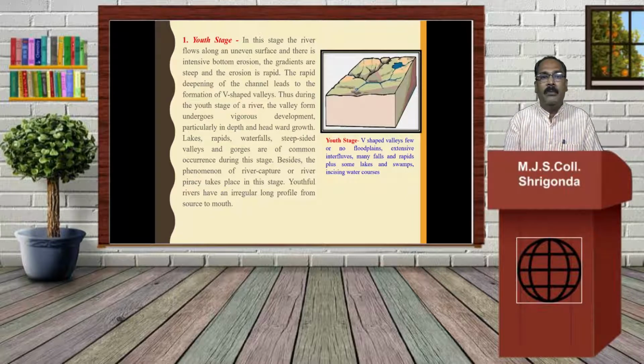The rapid deepening of the channel leads to the formation of V-shaped valleys. Thus, during the youth stage of the river, the valley undergoes vigorous development, particularly in depth and headward growth. Lakes, rapids, waterfalls, steep-sided valleys and gorges are common occurrences during this stage.